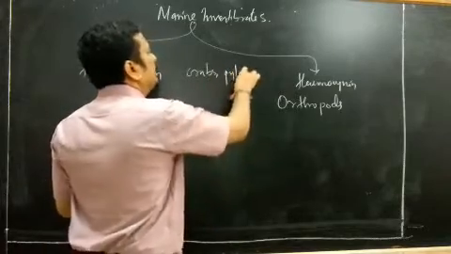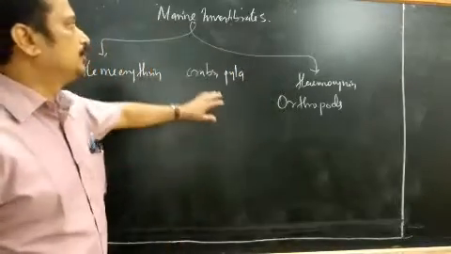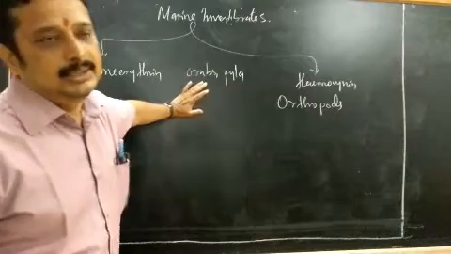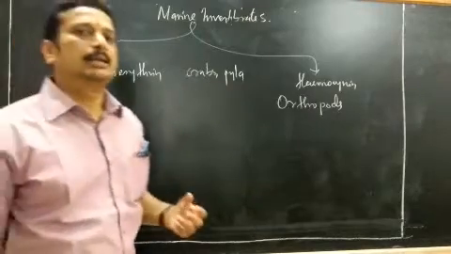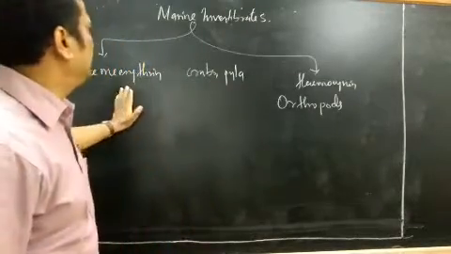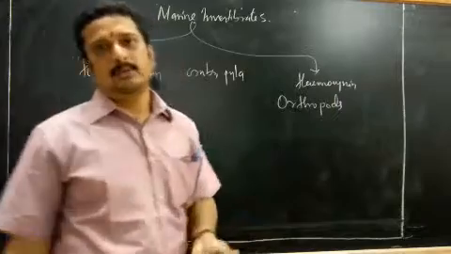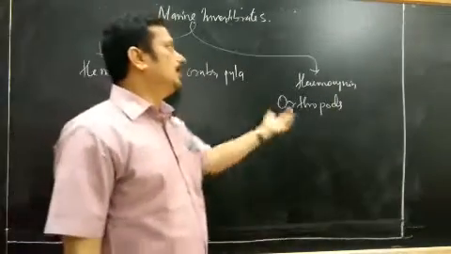So in arthropods we observe proteins which help in carrying oxygen, that is hemerythrin and hemocyanin. Today we are going to learn and differentiate between these two proteins.